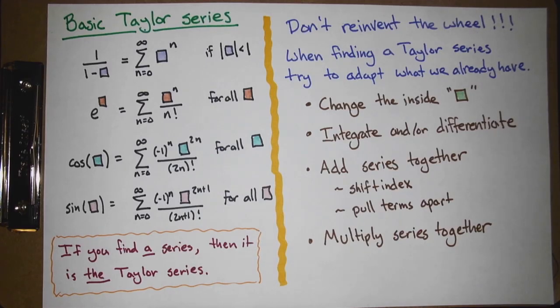Now that might mean change what's on the inside of these. Might mean integrate or differentiate. You might say, let me put series together and let me multiply. But the good thing is, we've done the hard part. We found our building blocks. And now we can start playing and putting things together. So we'll do that next time, and we'll stop here for today.